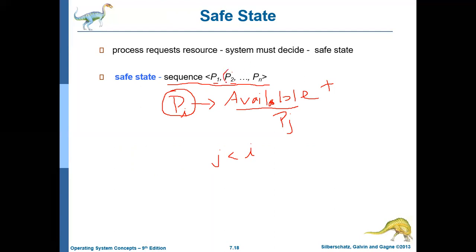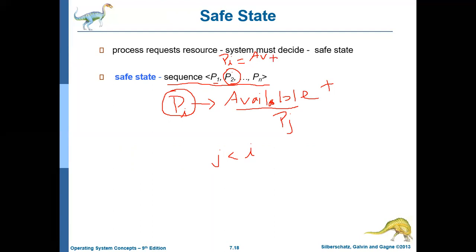So if you consider Pi as P2, that is, if you consider i as 2, then for every Pi it should be satisfied that the resources Pi is going to request in the future should be satisfied by the available resources and by the resources that were held by Pj, where j is less than i.